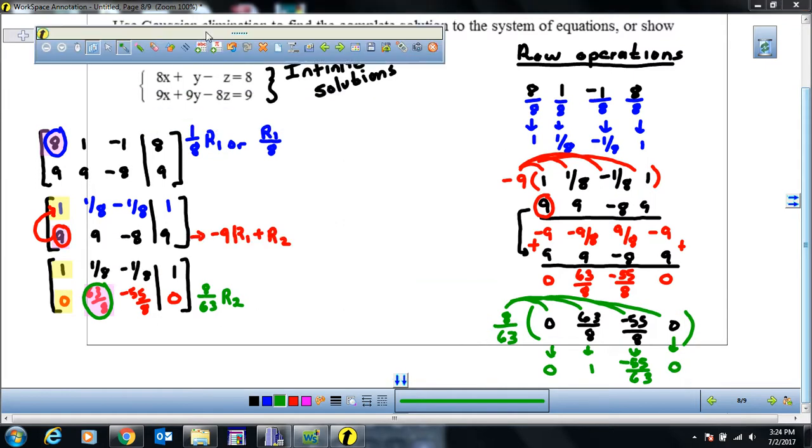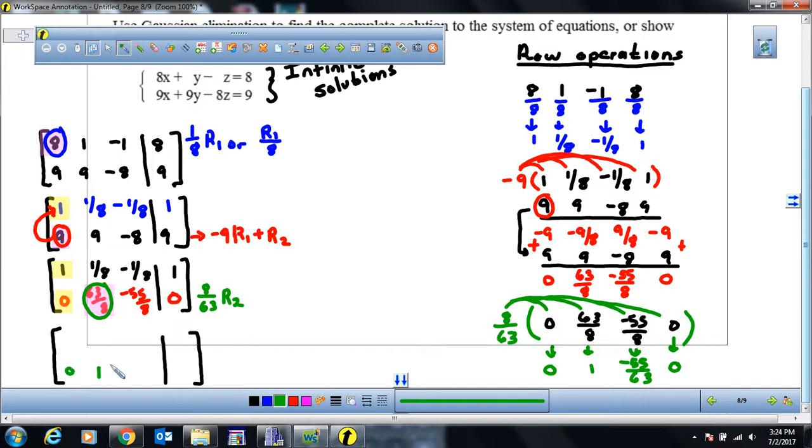So we're going to write those values in the bottom row. So this is what we're going to get next: 0, 1, negative 55/63, and 0. And I'm just going to rewrite the top row, which is 1, 1/8, negative 1/8, and 1.